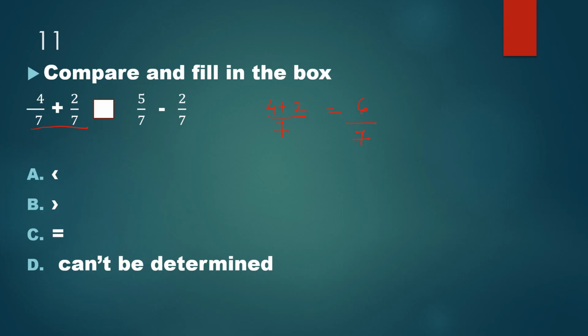Here again the denominator is the same, so we write it as it is, and 5 minus 2 will be 3 by 7. Which number is greater? 6 by 7 is greater. As I am telling you, the alligator likes to eat the greater number, so we will open the mouth toward this side. So option B is your correct answer.